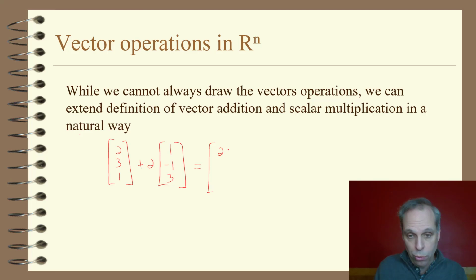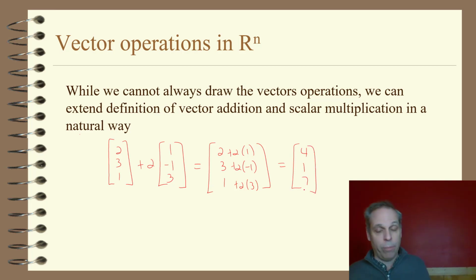So it'd be 2 plus 2 times 1. You'd have 3 plus 2 times negative 1. You'd have 1 plus 2 times 3, which is, of course, the vector 4, 1, and 7. That's the vector in column form.